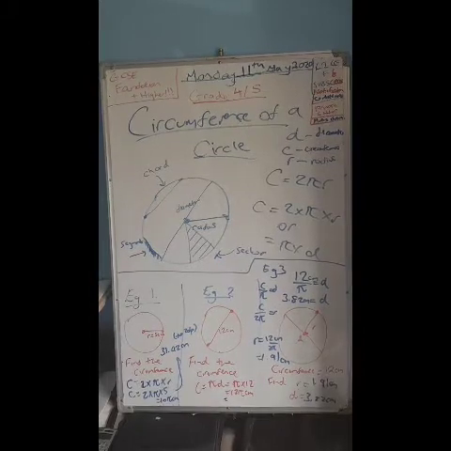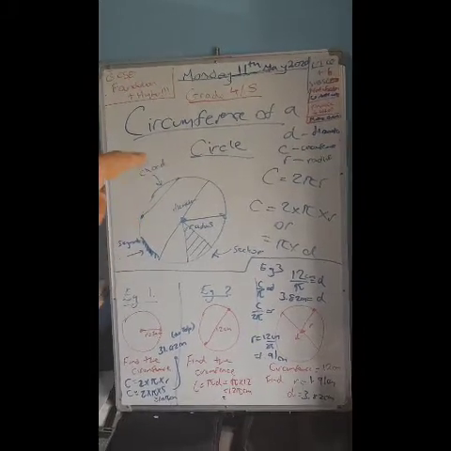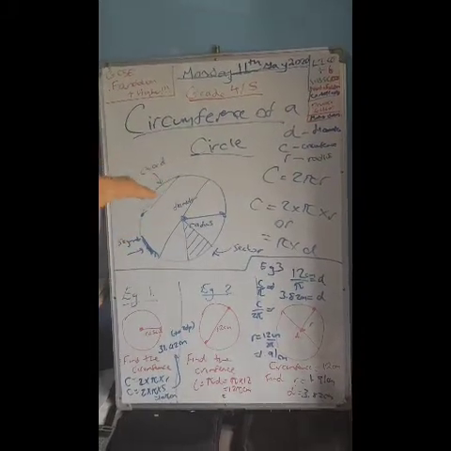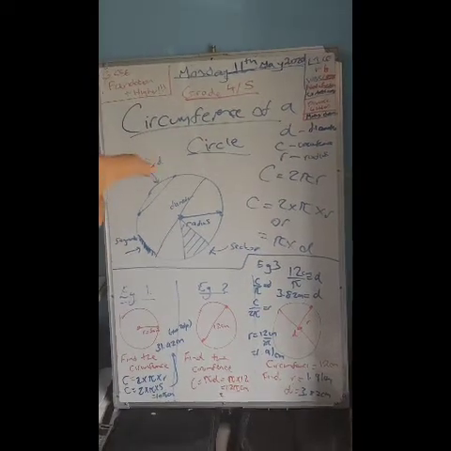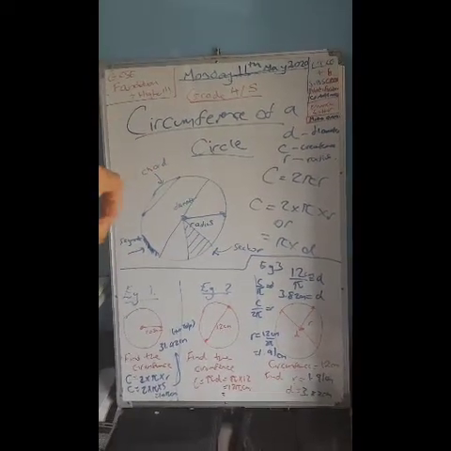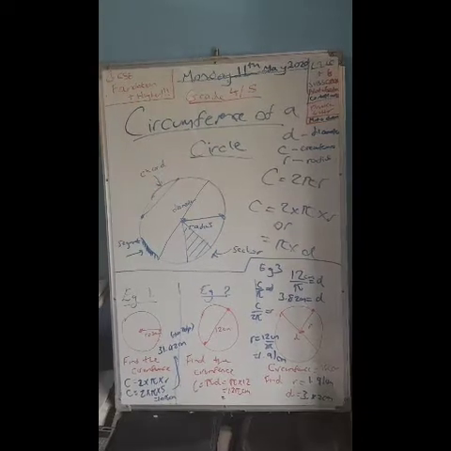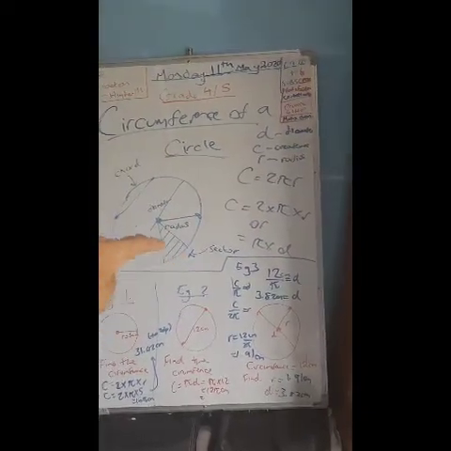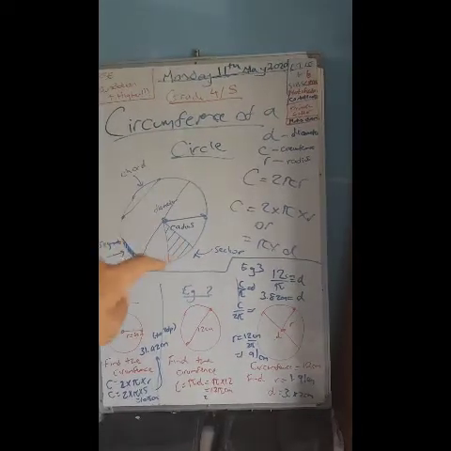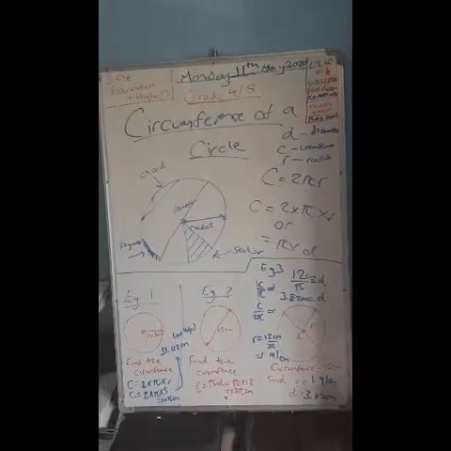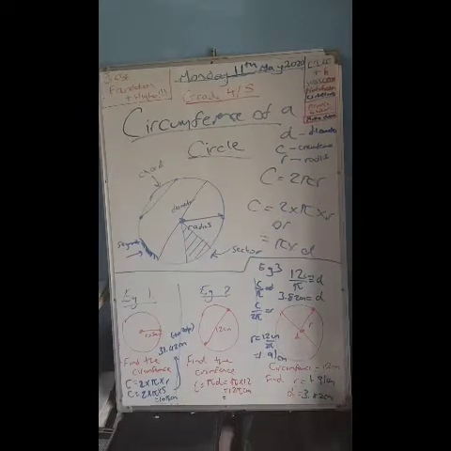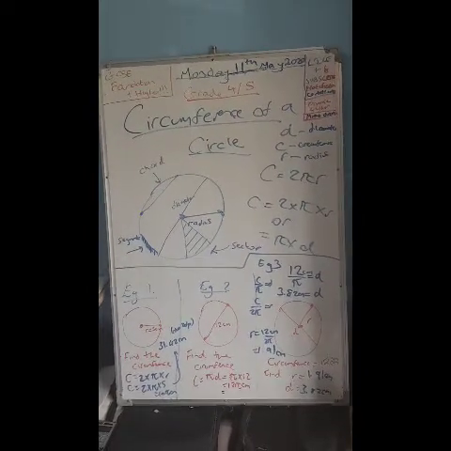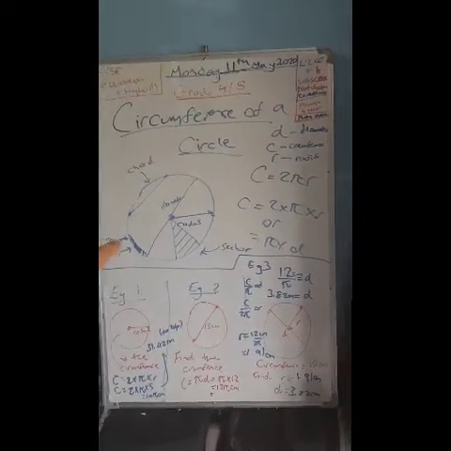I've got a few more bits that I've put on here. This is what I call a chord. A chord is the same as a diameter, but it doesn't go through the center. That's a key point to remember. That's what I call a sector of a circle, which I'll come on to, because a sector means that I can work out the area of a sector. And this is what I call a segment.